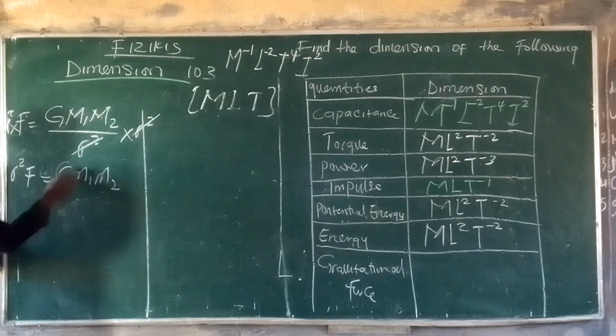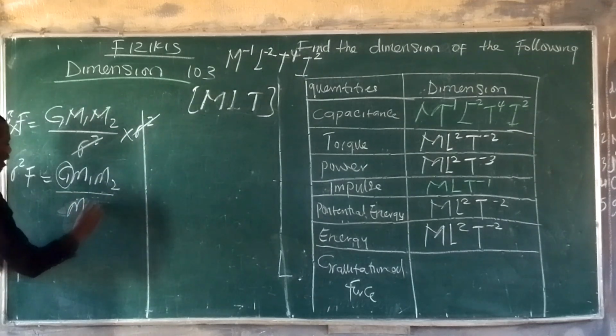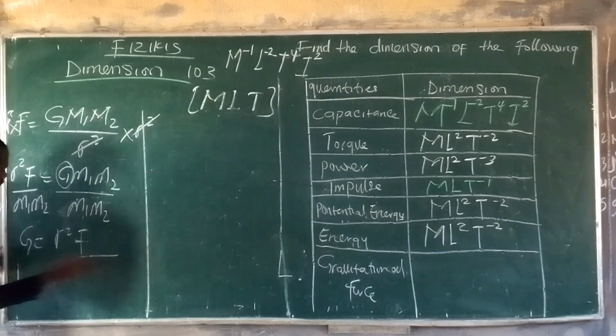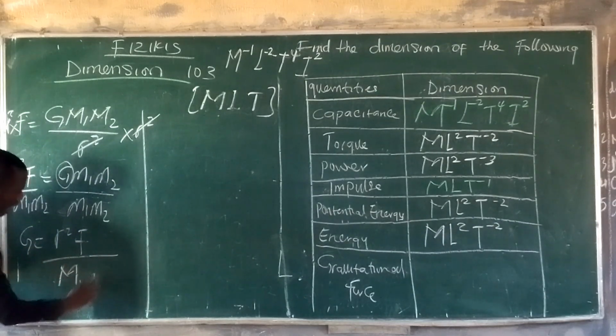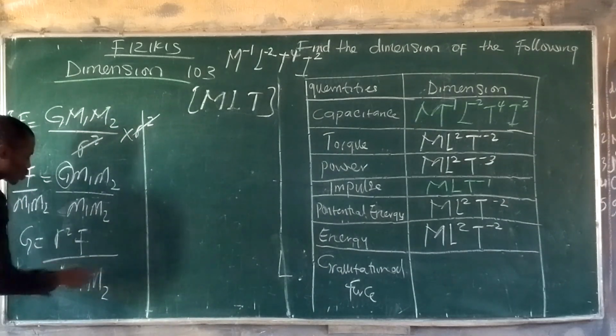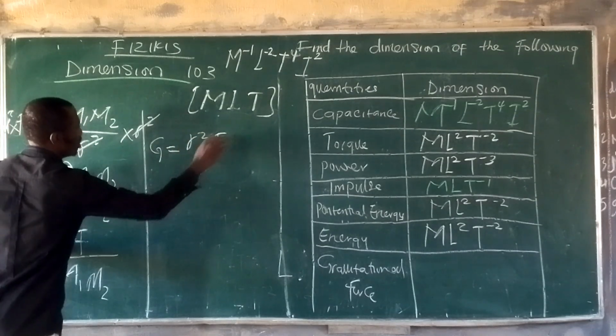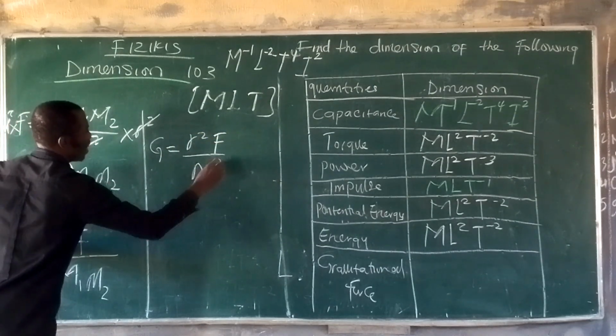We want to isolate G, so I'm dividing by m1 m2, so that G is equal to r squared times force over m to the power of 2.